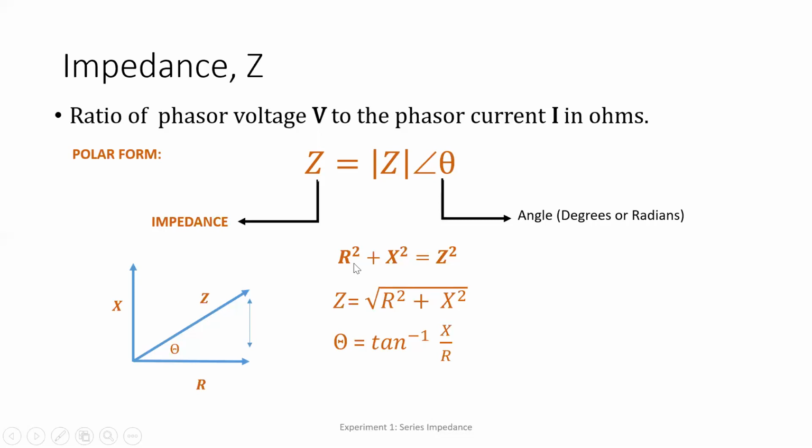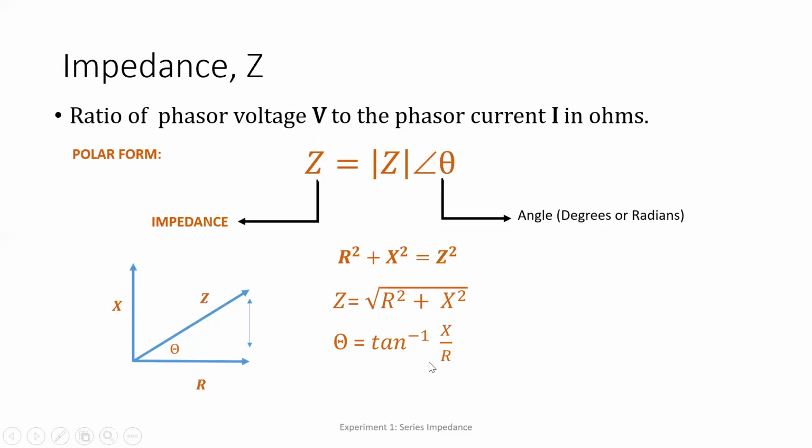So we have R squared plus X squared equal to Z squared, just like a squared plus b squared equals c squared. To get the resulting impedance Z, we have the square root of R squared, resistance squared, plus the reactance squared, or X squared. For the angle, we have theta equal to arctan of reactance over resistance.